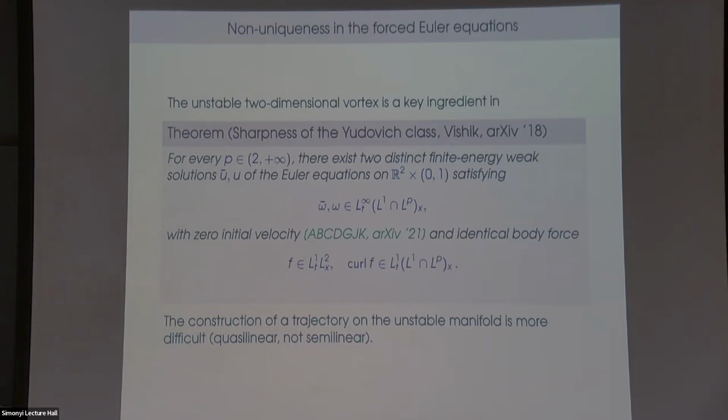And Camilo knew I was here, and he invited me to take part in a reading group that he was organizing on these 2 papers of Vishik. And together, these 2 papers from 2018 are over 100 pages, and people knew that they were important, but perhaps no one had really checked them in detail, really understood everything about them.